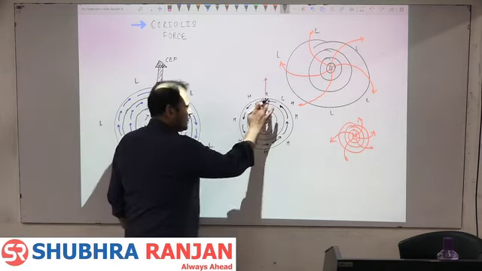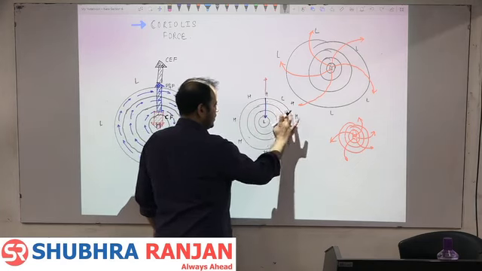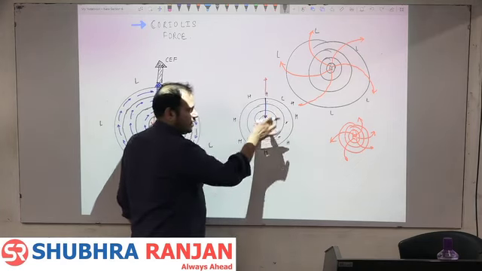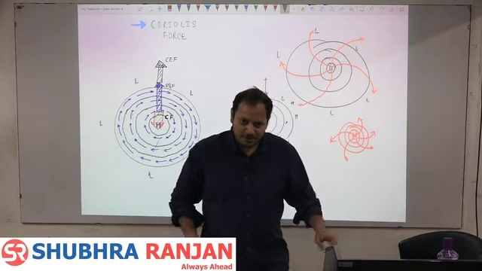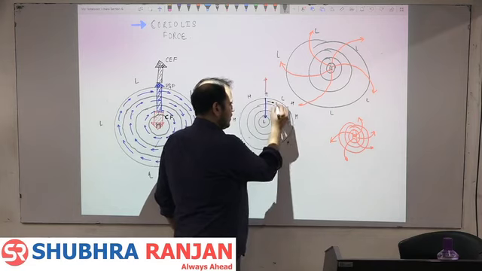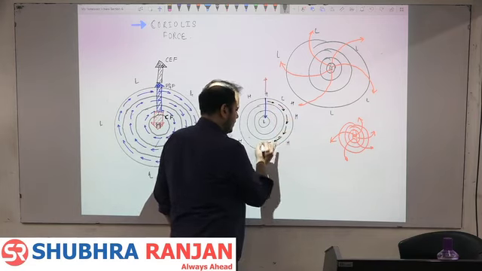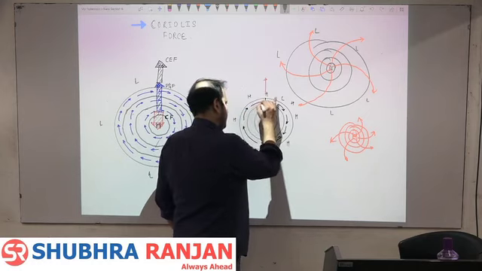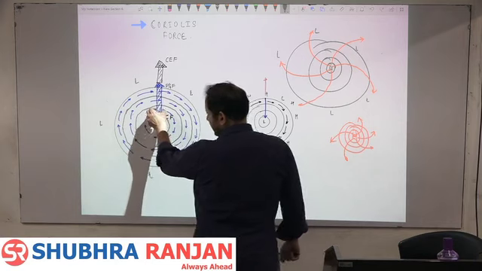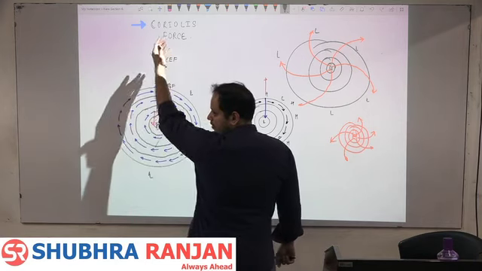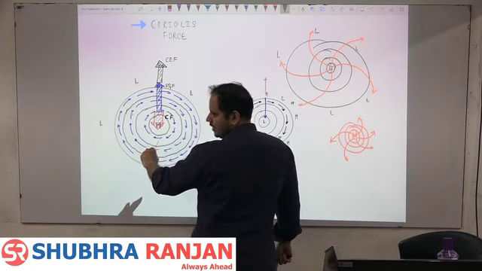In the southern hemisphere, pressure gradient force is acting here. Coriolis force is acting always parallel, but वो deflect करेगा to the left. And therefore, cyclones are clockwise. In this case, Coriolis force is acting inwards because the pressure gradient force is acting outwards, so it will get deflected to the right.